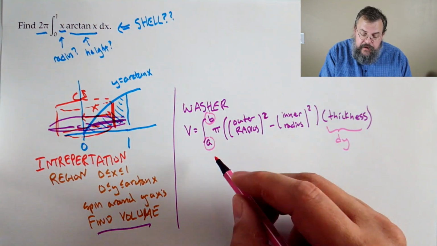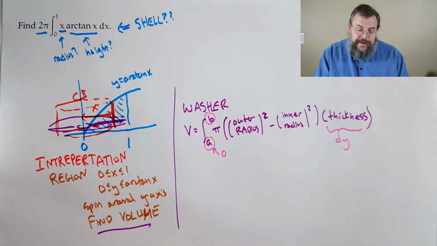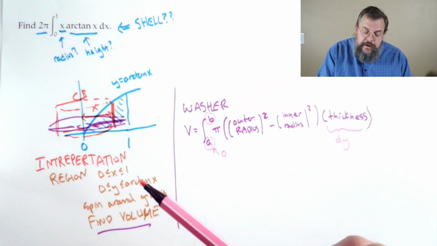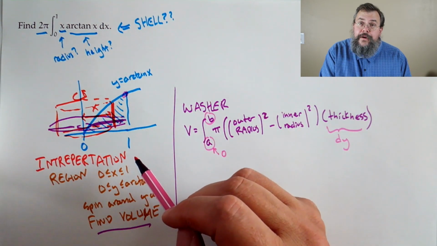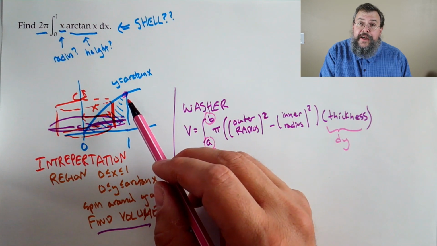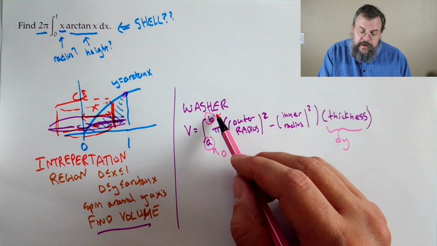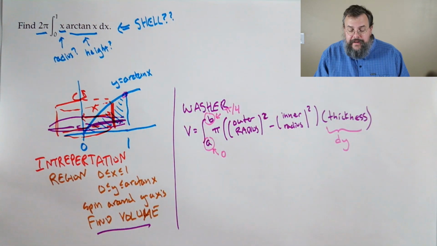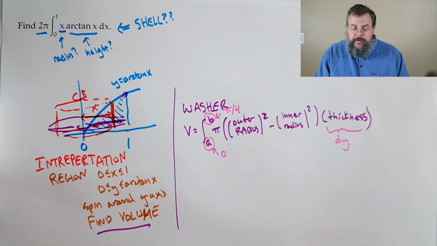That's y equals 0. Okay, start at 0. And then go to where? Well, we got to go high, up here. What is that? Well, what is arctangent of 1? Arctangent of 1 is pi fourths. All right, so that's our high value, 0 to pi over 4.